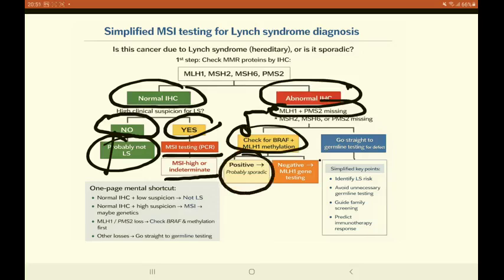But if it comes out negative, then we have to do the MLH1 gene testing. If the abnormal IHC shows MSH2, MSH6 or PMS2 missing, then we go straight to the germline testing of the respective gene.